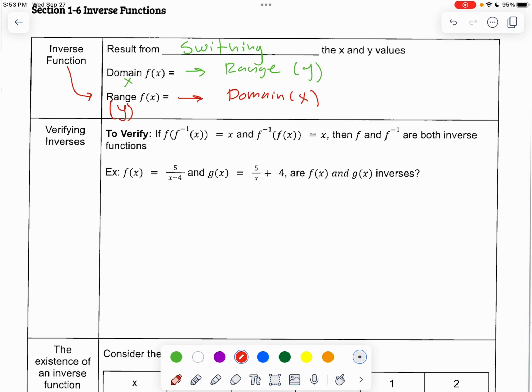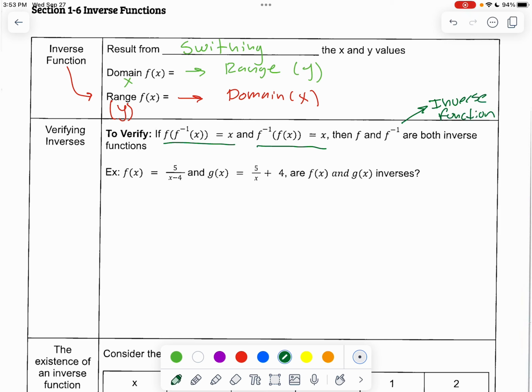So one thing that you're going to have to do is verify an inverse. If you look at the formula where it says here and here, it doesn't matter whether you have an inverse or a function. You're basically going to plug one into the other, and if you end up with x, that means that you have an inverse. So this right here, just remember, this is inverse function notation.